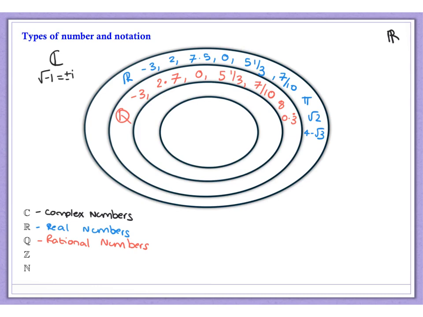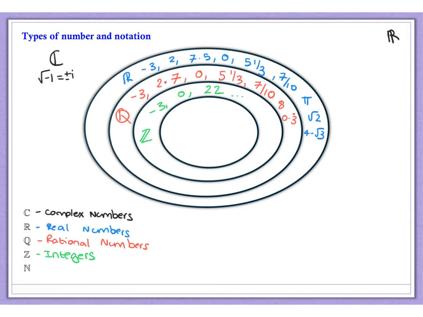Now, within the concept of rational numbers, we then come on to the integers, which are denoted by the letter Z, like that. And of course, integers can be positive or negative, and they can also include 0. So we have our set of integers.